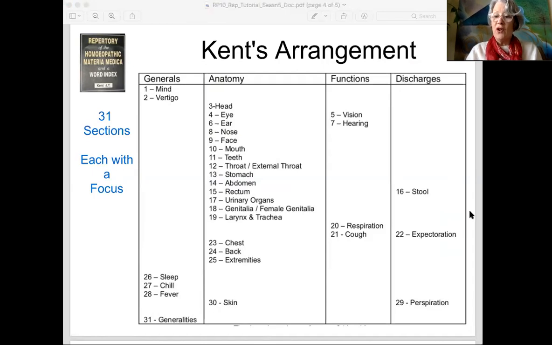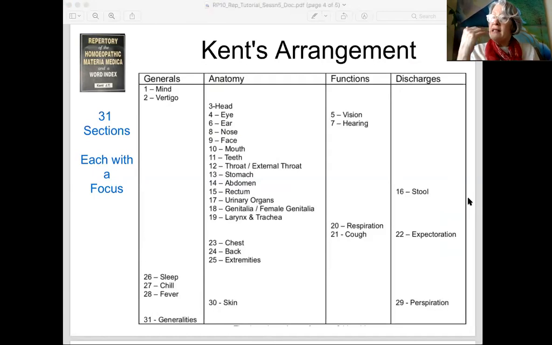Reeling? Vertigo, reeling? Yes. Anything else? Vertigo with staggering. Absolutely. So these are things where somebody is actually physically moving differently during vertigo.